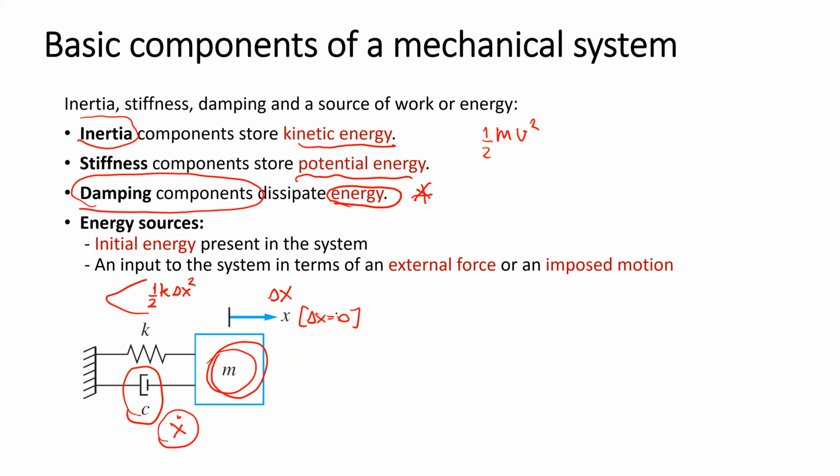But the vibration system has motion because it has initial energy in the system. Initial energy may come from a pre-extension of the spring, or an initial velocity.